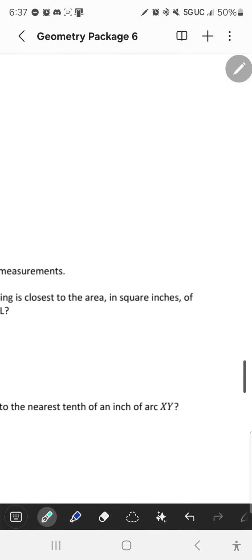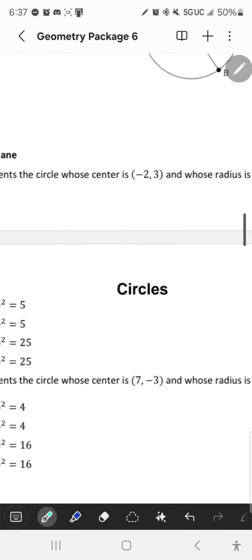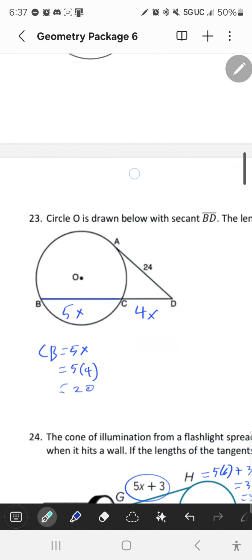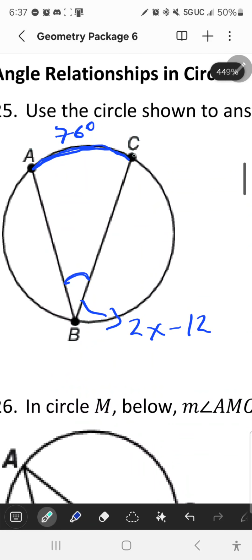So when we come to this exercise, we are looking at an angle that goes to the other side of the circle. So we can say that the arc is twice the angle.